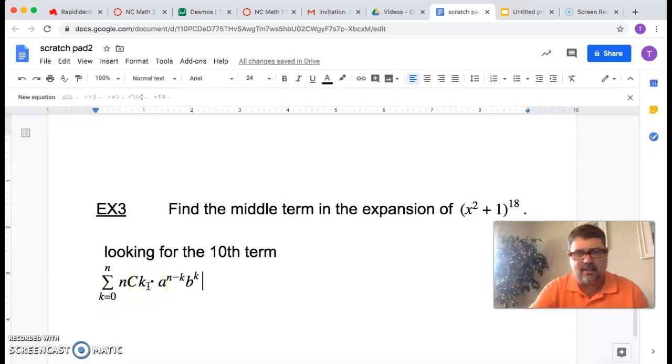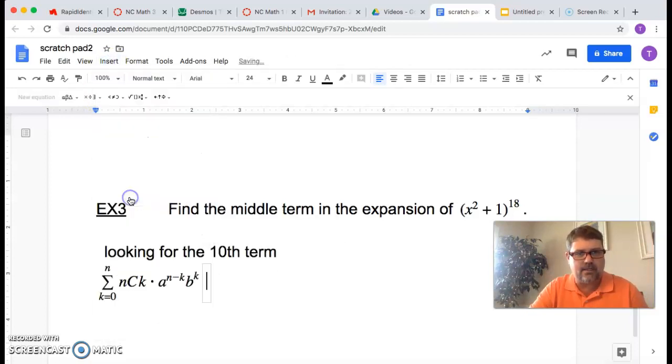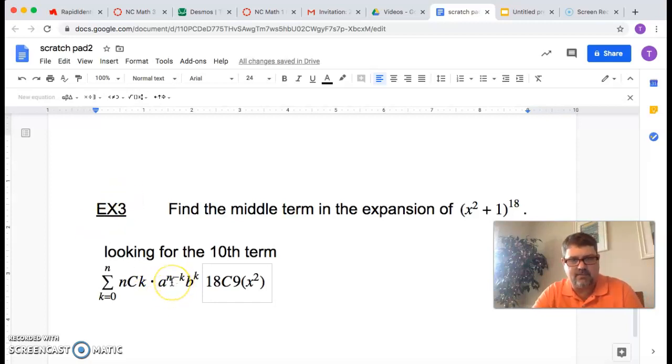So this could be calculated, in simplest terms, as 18 choose 9. And now we have to be careful here. We have an x squared as our a, and it's going to be raised to the n minus k, which would give us 9.